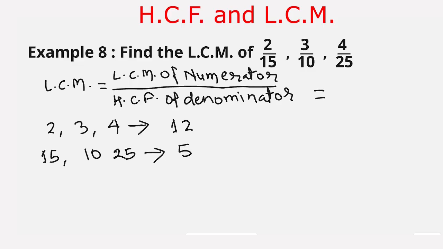So the LCM of numerators is 12 upon the H.C.F. of denominators, 5. Therefore our answer is 12 upon 5. That is, the LCM of 2 upon 15, 3 upon 10 and 4 upon 25 is 12 upon 5. I hope you have understood the formula as well as solving the questions on finding the LCM of fractional numbers.